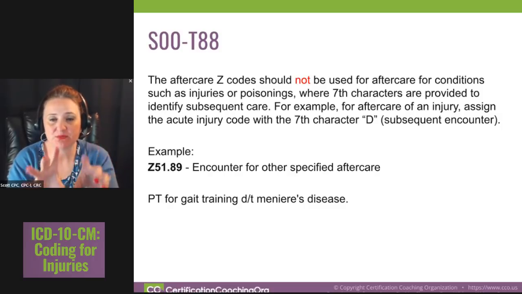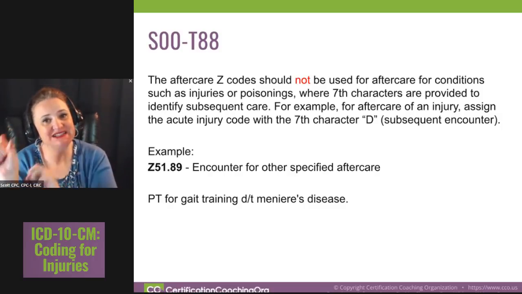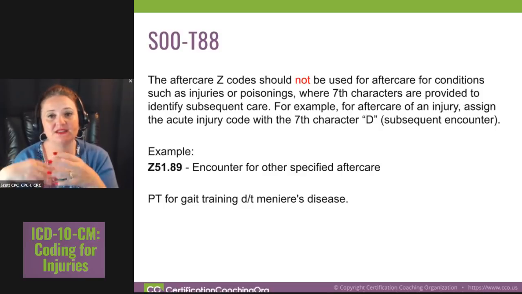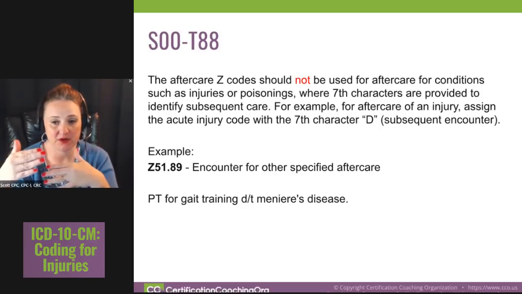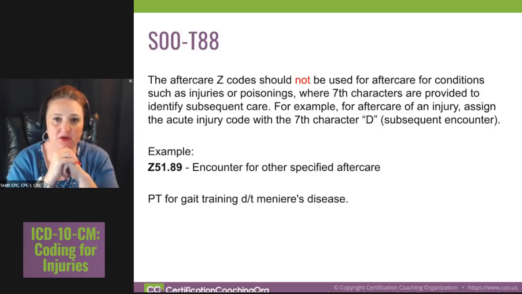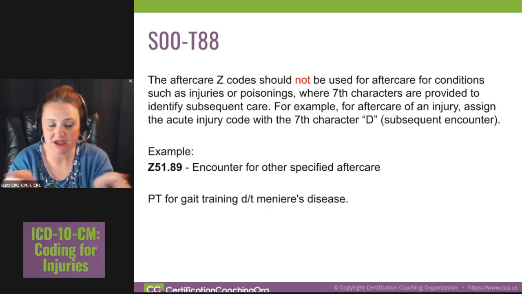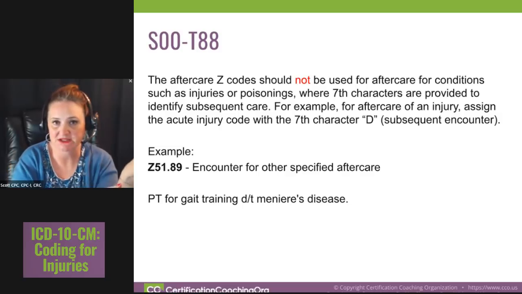Because with injuries and poisonings, we're going to use the D code to show that this is subsequent care. Now, can you have dizziness due to an injury or a poisoning? Yes, but that's not going to be an aftercare code, right? That's something different.